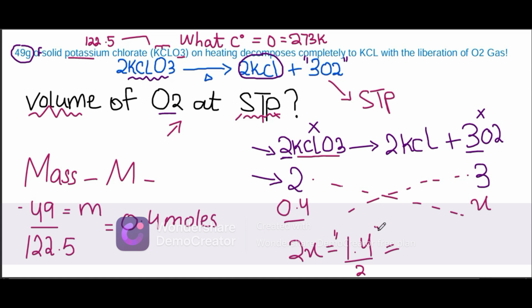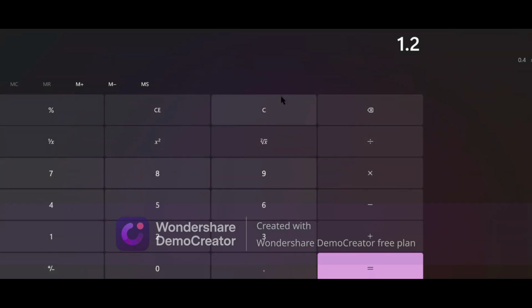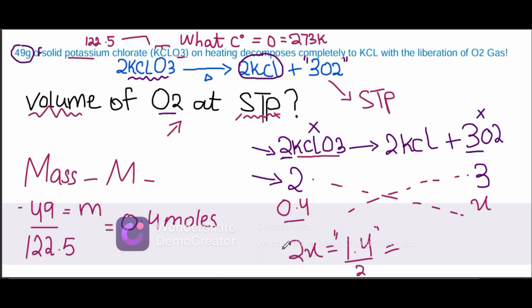Again, the same thing: I will divide. 1.2 divided by 2 gives me 0.6. Around 0.7 moles of KClO3, potassium chloride. So that is my answer for now, the estimated moles.